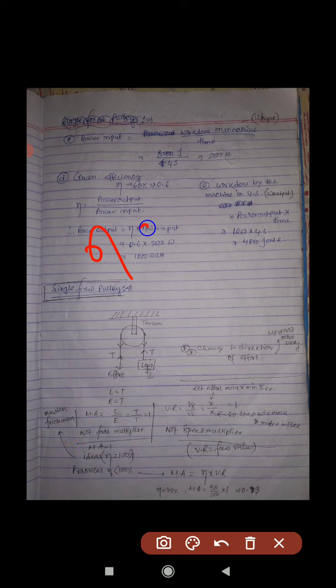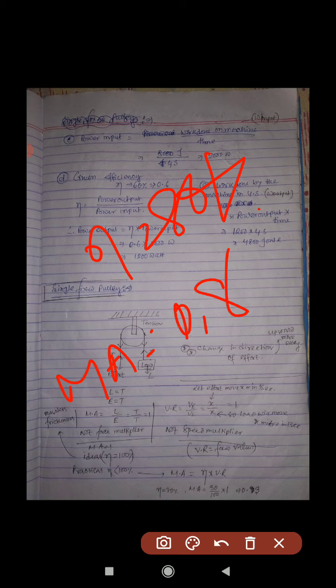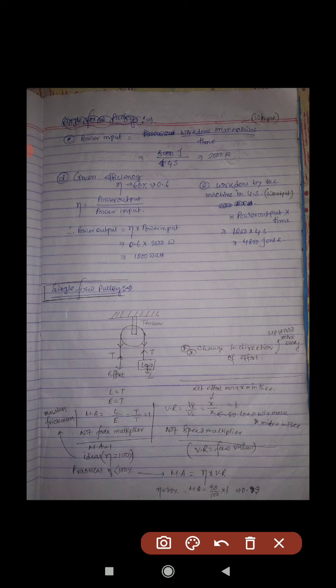Suppose a practical machine has eta equal to 80%. Its mechanical advantage is equal to eta, 80/100 which means 0.8, times the velocity ratio 1, so its mechanical advantage is 0.8. I think you can now calculate the mechanical advantage of a single fixed pulley using this formula.